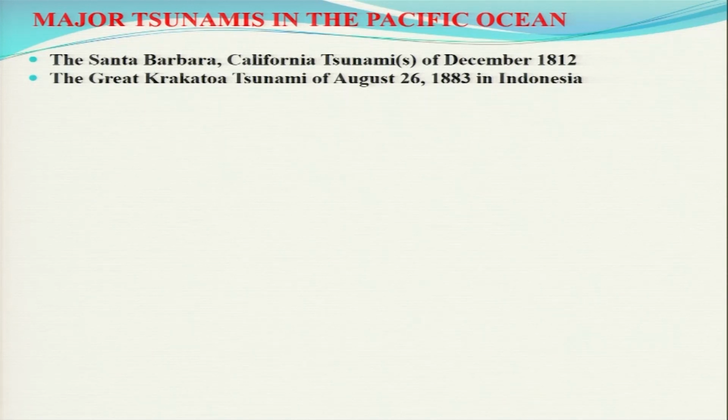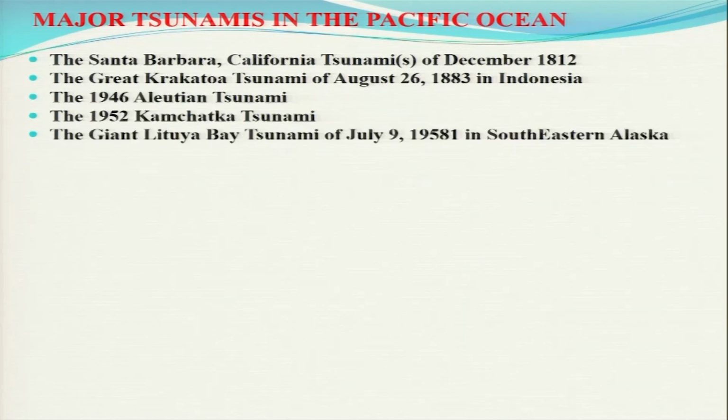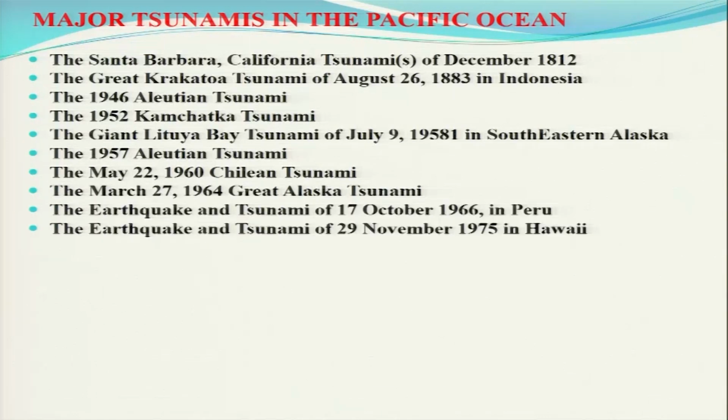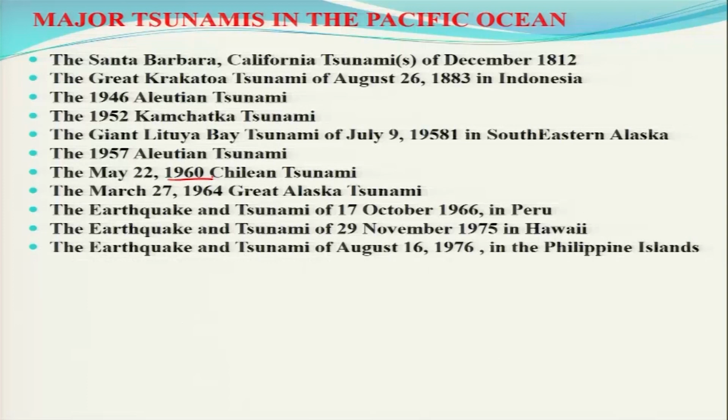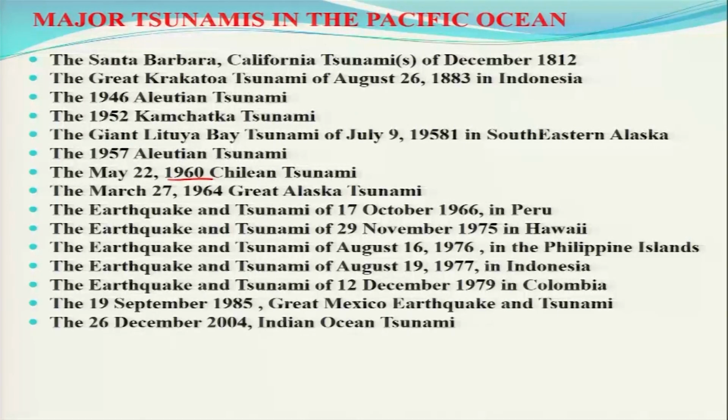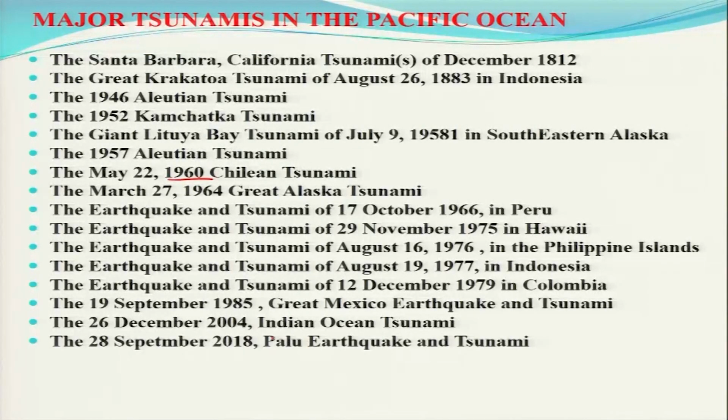We have listed them here, you can just go through it. So this was the major tsunami. Whereas these are in the Indian Ocean, 2004 and then again 2018. So these are all Pacific, and below what you see is from the Indian Ocean.